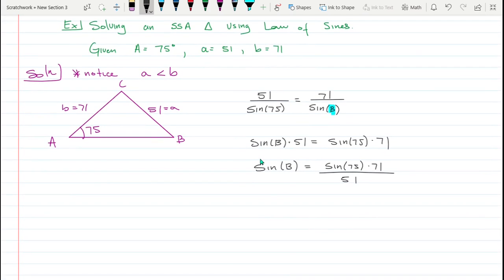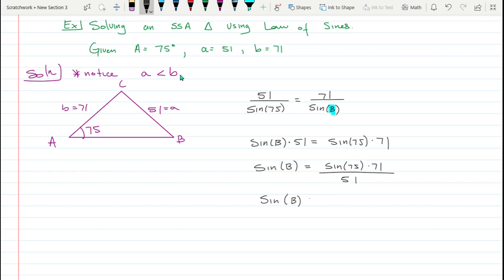So remember, we mentioned at the beginning that A is less than B, so the possibilities are that there is no triangle or there are two triangles. So we don't know yet. Whatever we get from here is going to help us decide that.